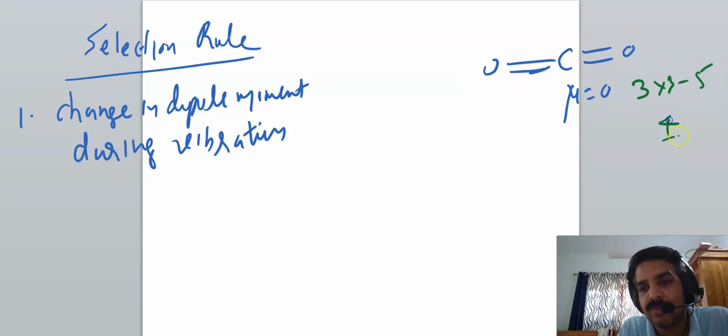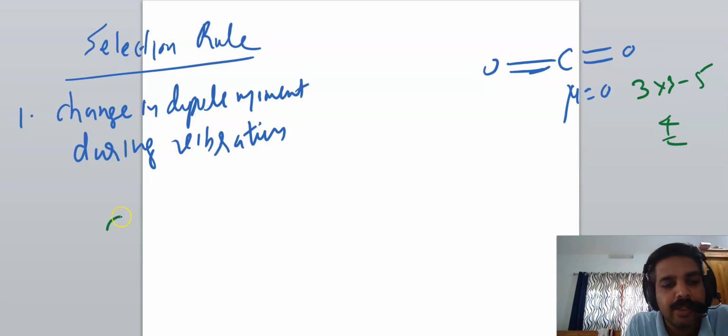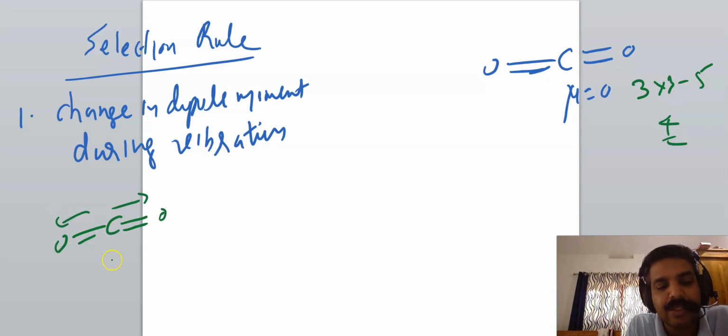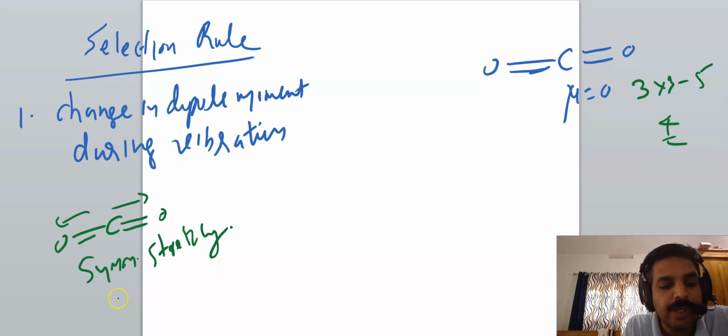For CO2 that is 3 into 3 minus 5, equal to 4 vibrations. The first vibration is symmetrical stretching. There would be no change in dipole moment during symmetrical stretching. Therefore, it is not IR active.